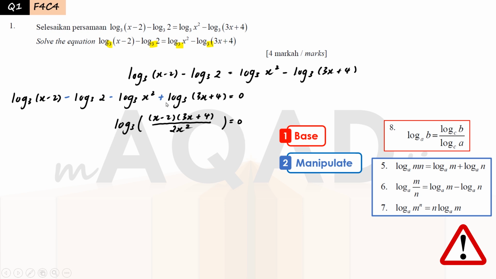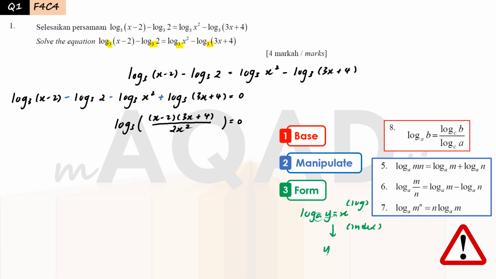So once we reach here, we cannot simplify anymore. So to further simplify, we are going to use the third step, which is to change the form. So currently, this is the logarithm form. So what we need to do now is to change to the index form. So log form is usually log base a of y equals x, and for changing to the index form, we are going to move this a to the opposite side.